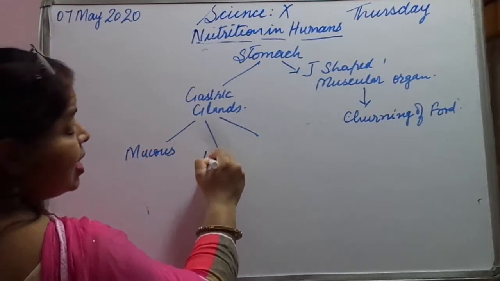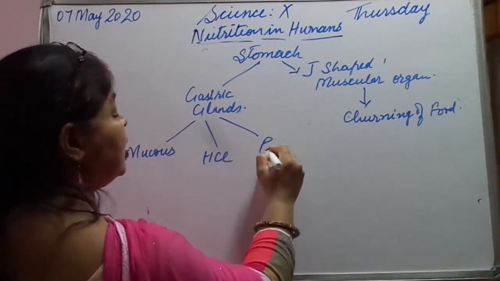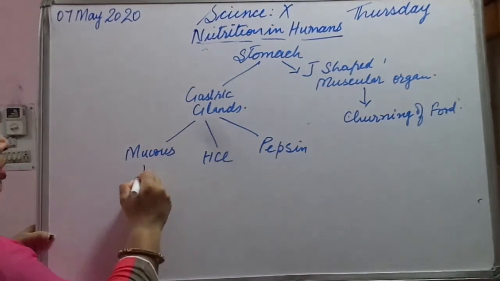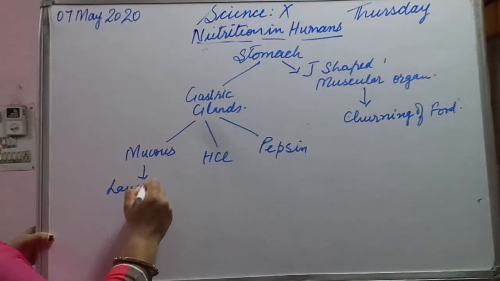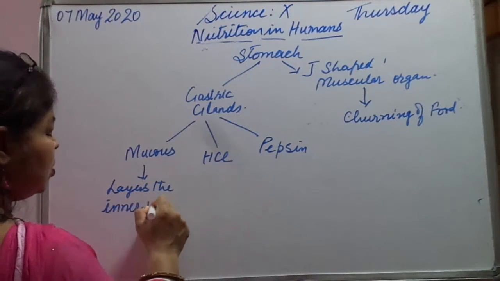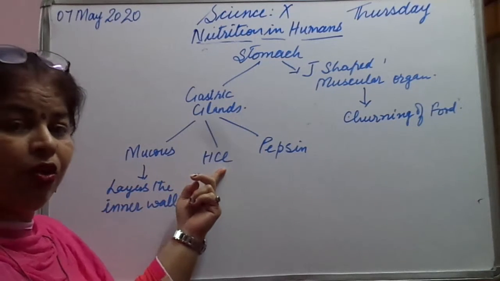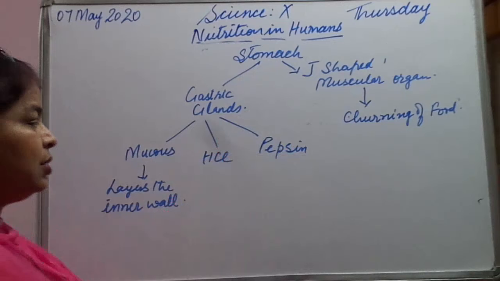Then it contains HCl, and it also contains one enzyme called pepsin. Okay, mucus, what does it do? It layers the inner wall of stomach so that the abrasive action of HCl does not affect the inner wall of the stomach.